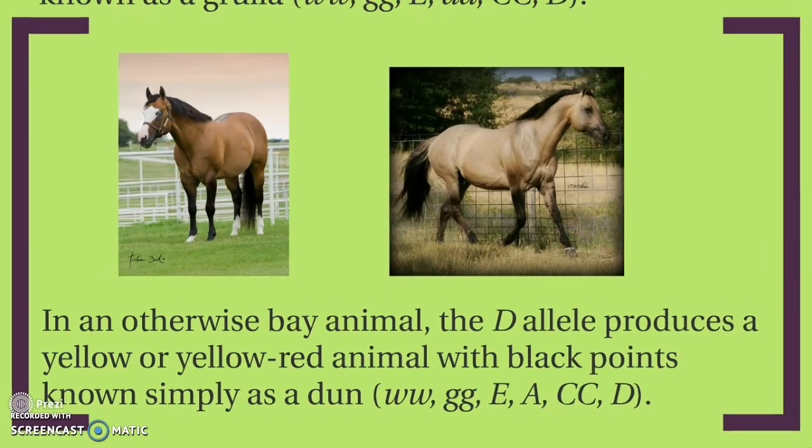In an otherwise bay animal, the D allele produces a yellow or yellow-red animal with black points known simply as a dun.